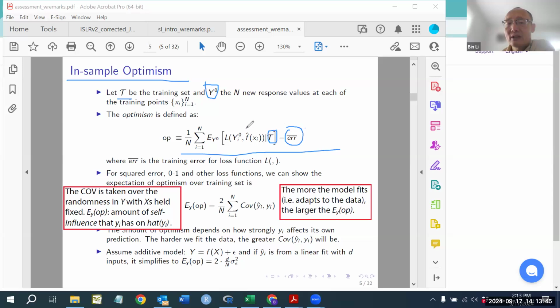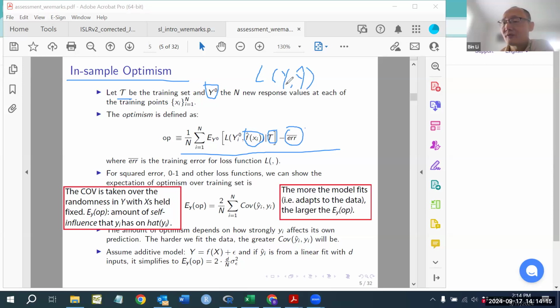Given the training set, we can fit a model, and that model is called F hat, right? And then L is the loss. Remember the loss function? Loss function has two arguments: one is what we observed, and one is what we predicted.